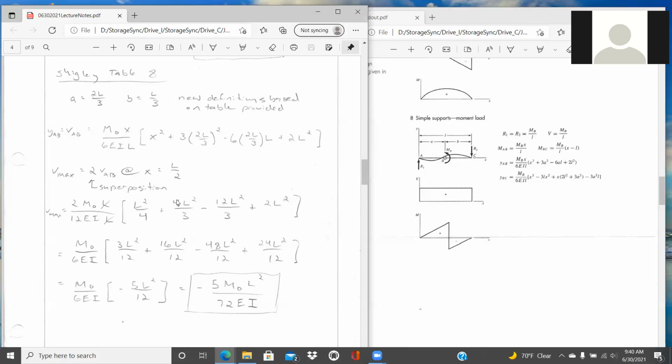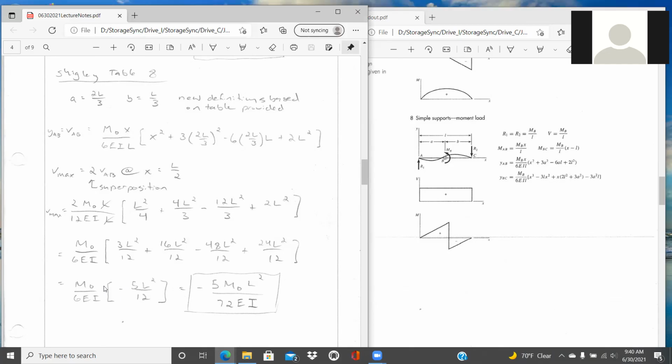And so a common denominator on all of this is 12. That'd give us 3L squared over 12 plus 16L squared over 12 minus 48L squared over 12 plus 24L squared over 12. We can simplify that as minus 5L squared over 12.